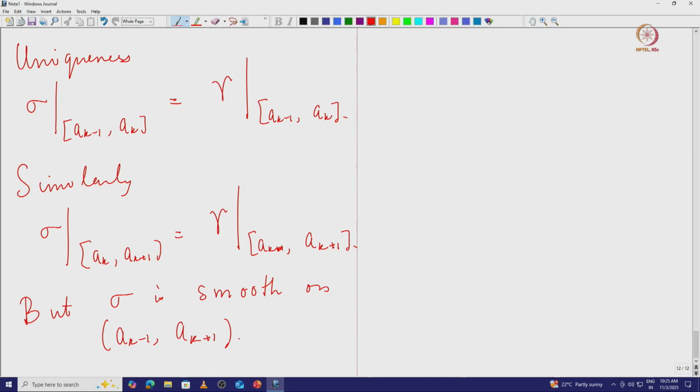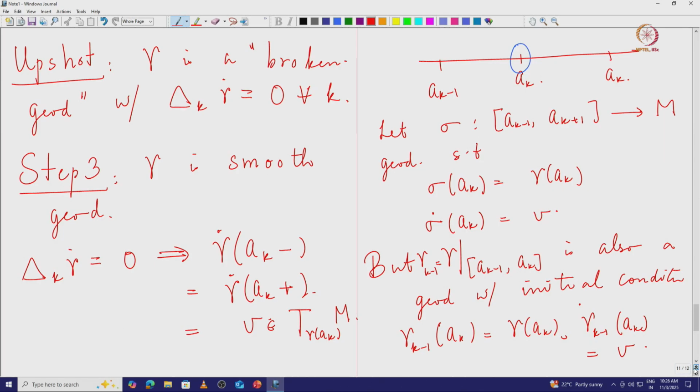Oh, sorry, I should go back and say that because geodesics only have local existence, I have a geodesic on a small interval around a_k for some delta positive, okay.